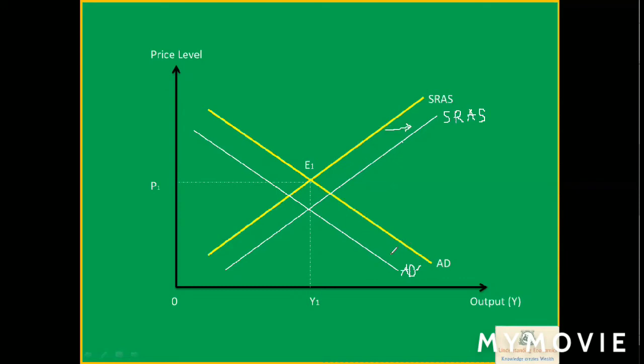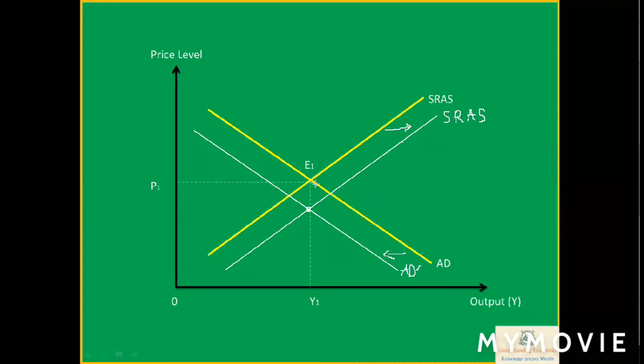The aggregate demand curve has moved to the left because aggregate demand has declined. So the new equilibrium that will be achieved is here. And if you look at the new equilibrium, there is no change in the equilibrium output level, which is falling at the same previous or initial level of output, that is Y1.